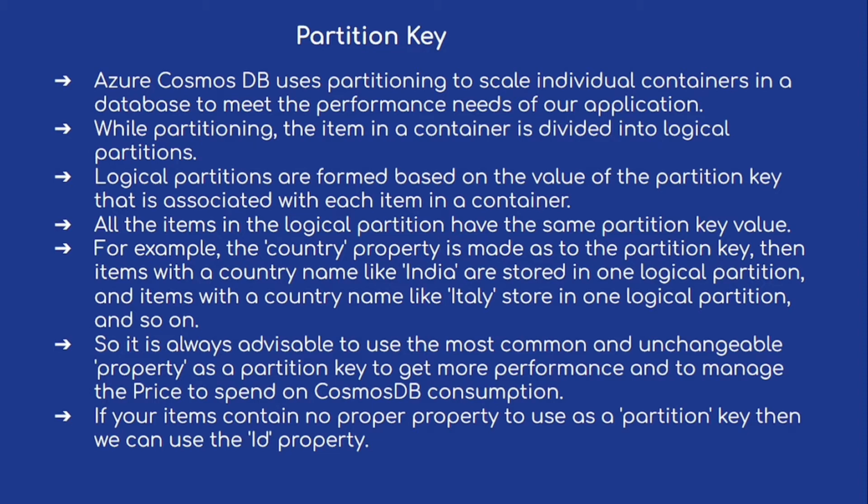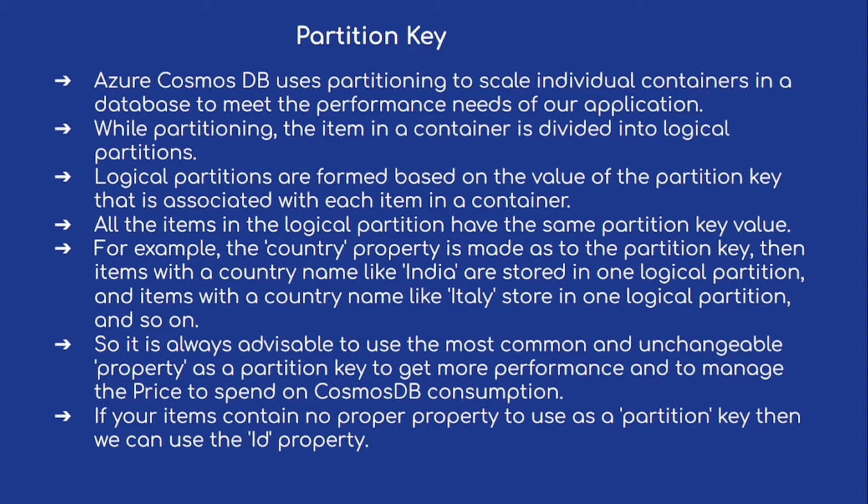Partition key is nothing but any one property from our document that we choose. For example, if my document is an address, the address will contain street, door number, and city. I will take city as the partition key. Then it will be stored as logical partitions.